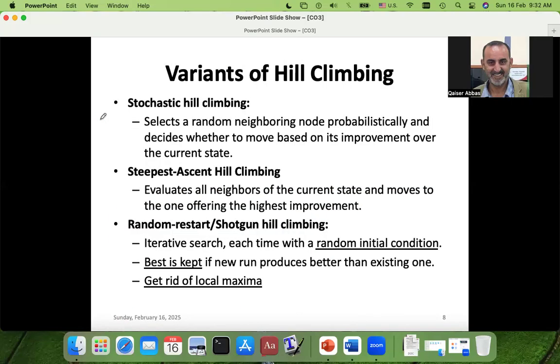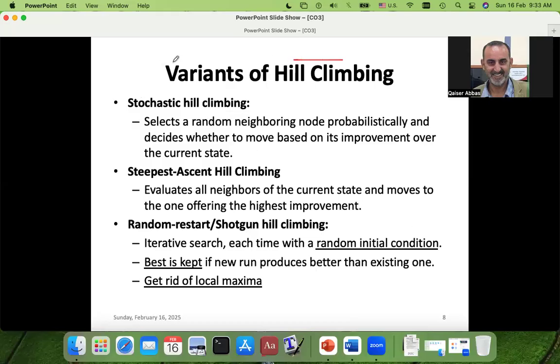But people have done modifications in this algorithm, and when they did this modification, they came up with new names for it. These new ideas came up with the new names, and we call them the different versions of the basic hill climbing algorithm, or the variants of hill climbing.